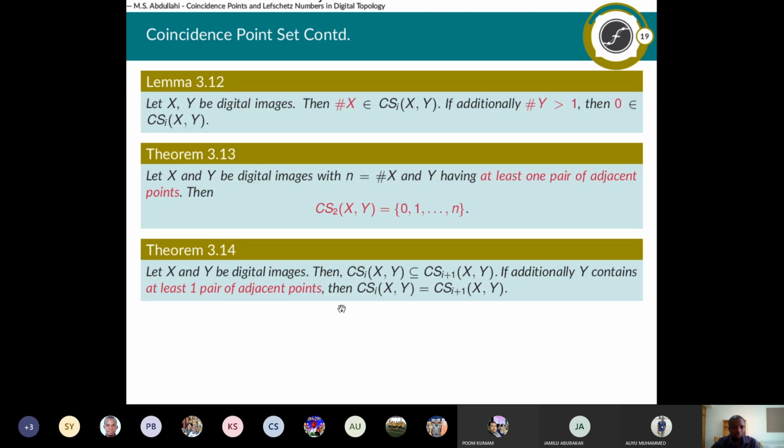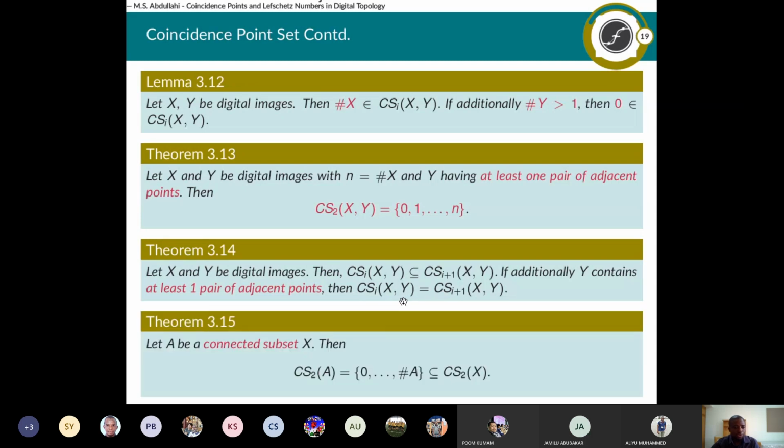So whenever Y has at least one pair of adjacent points, for any i, the coincidence spectrum is the same. One scenario we also consider is what happens if we take a subset of X. If A is a connected subset, then the coincidence spectrum of A will always be contained in the coincidence spectrum of X.